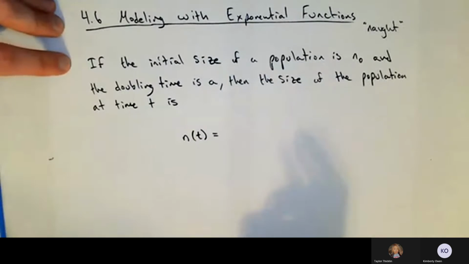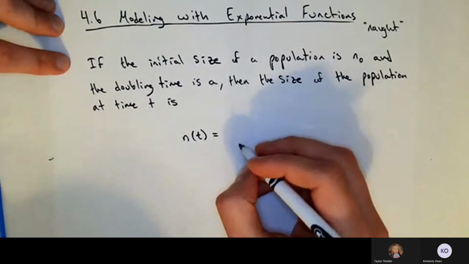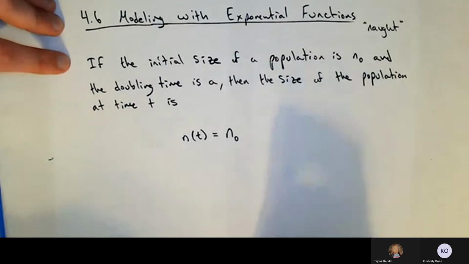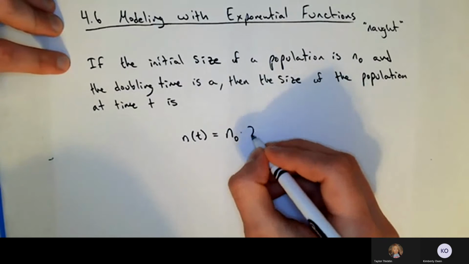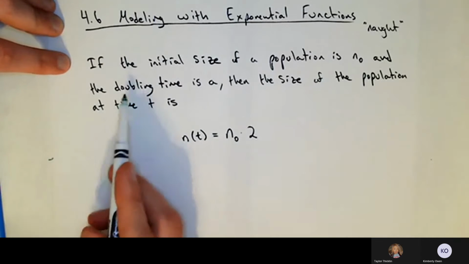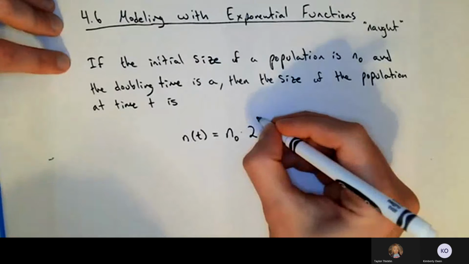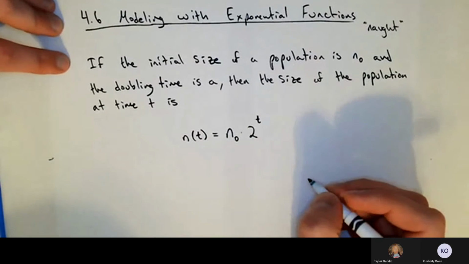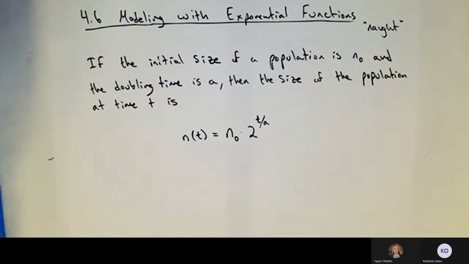So there's our function notation. Independent variable is time. The thing that depends on that, the dependent variable, is n, the number of things. First of all, it's going to be that initial population, and then times an exponential function of base 2. Why is it base 2? Because we're talking about doubling time. And then it's going to be raised to the t divided by a, the time it takes for it to double.